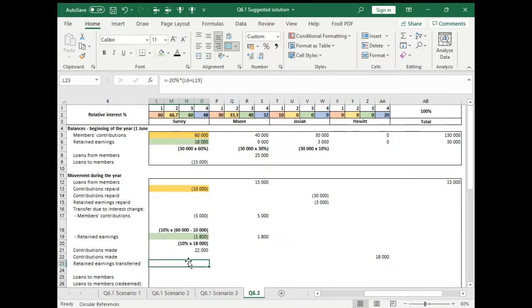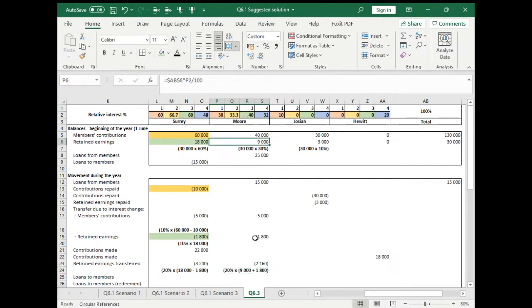So he will only distribute 20% of the net effect to Hewitt. So you take the 18,000, you deduct the 1.8 thousand, and then you only apply the 20% to get to 3,240 Rand. And you do exactly the same for Moore.